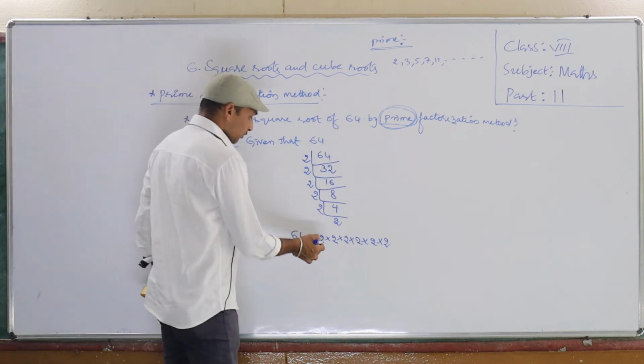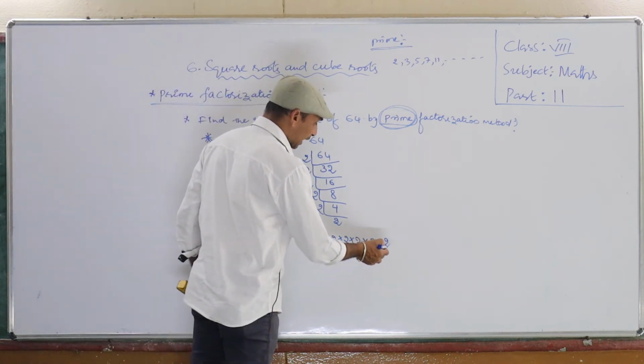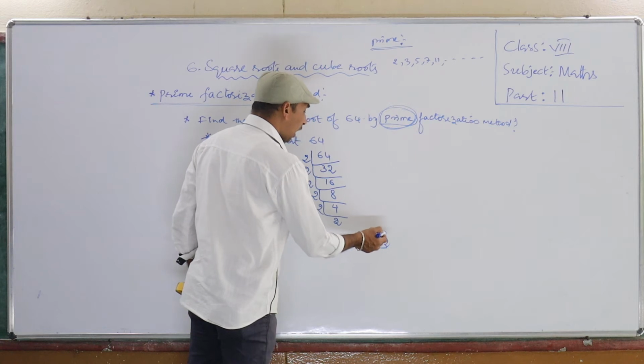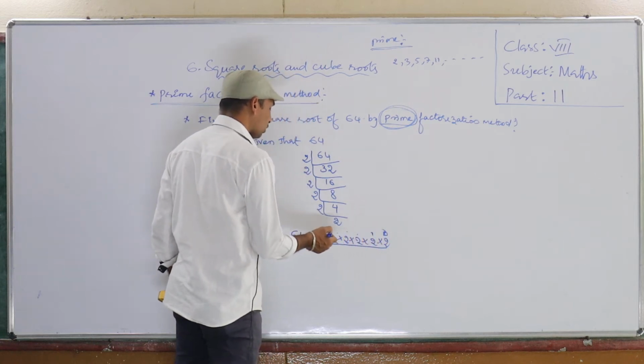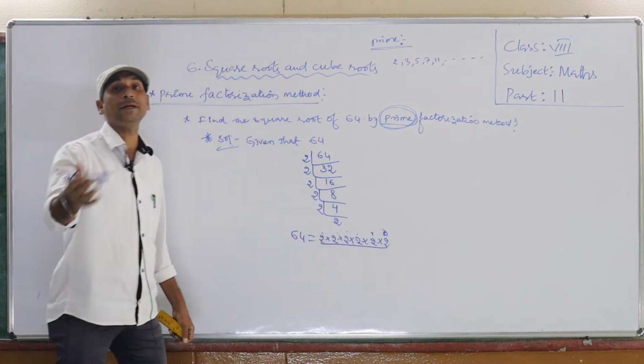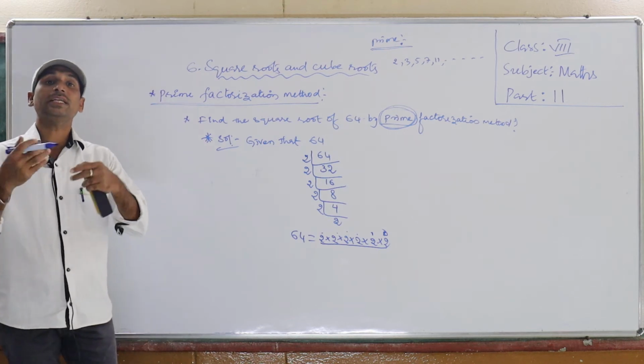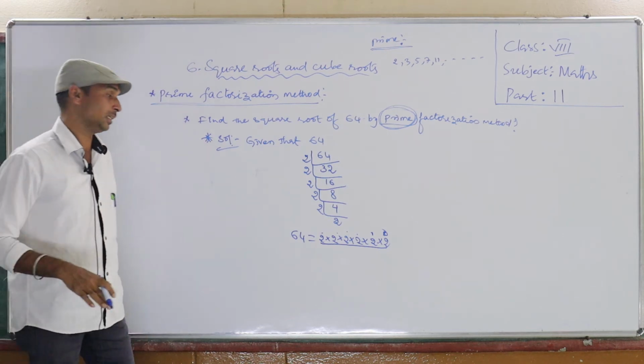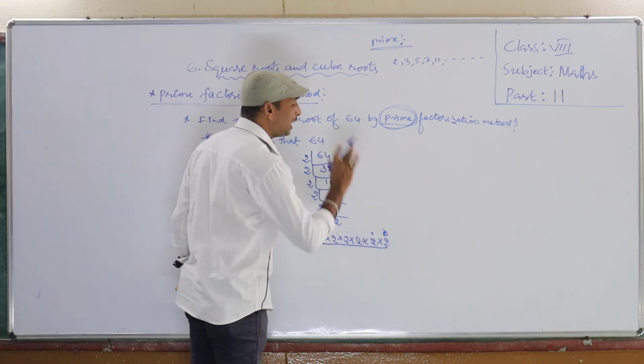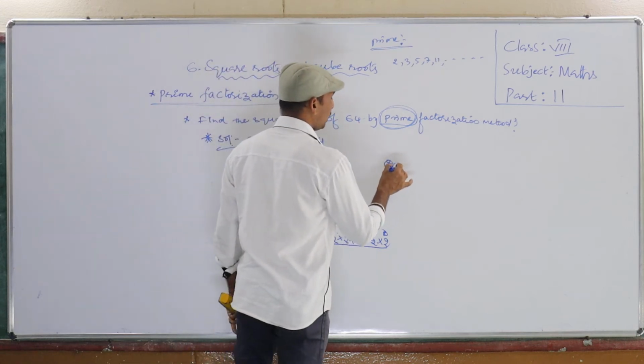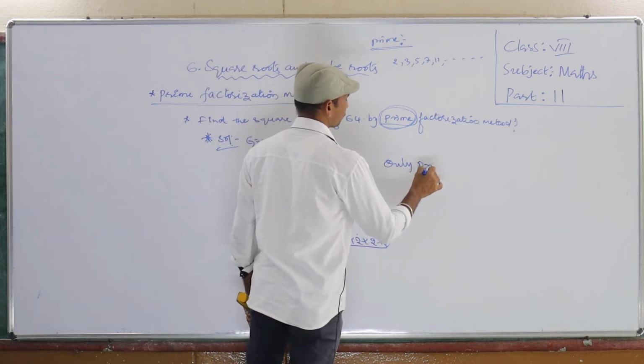When you write the product of primes, all the numbers are prime numbers only, but here 2 is repeating. Sometimes you will get 2, 3, 5, 7 like that. So we have to get only prime numbers.